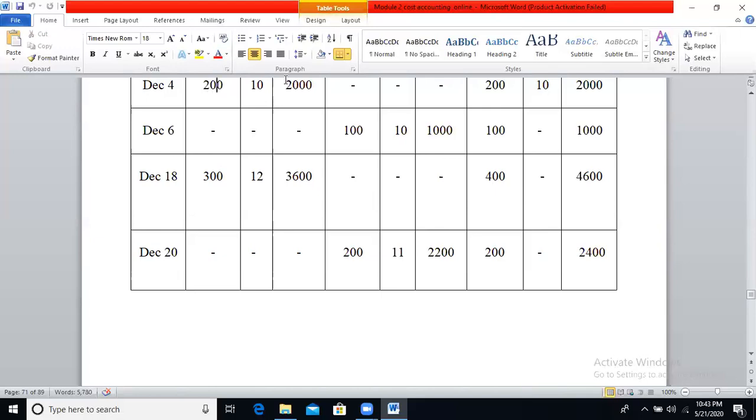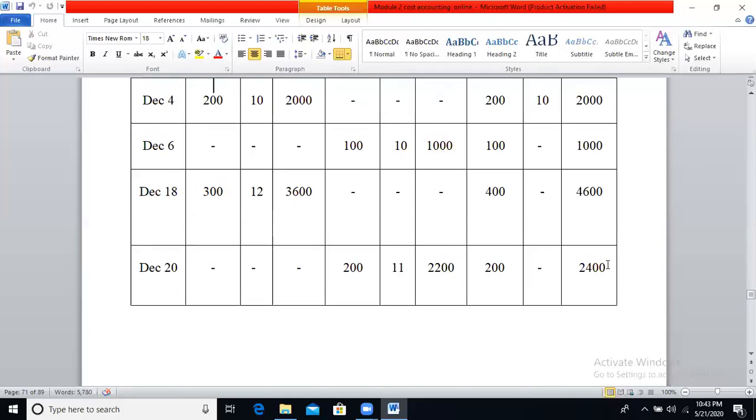So you have to take the average of these two. 10 plus 12 divided by 2, you will get the average price as 11. So 200 into 11, you will get 2200. Now if it is issue, from the balance quantity, you have to deduct: 400 minus 200, 200, and 4600 minus 2200, you will get 2400.